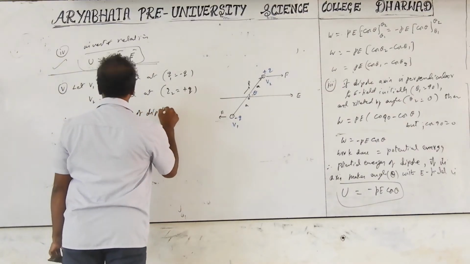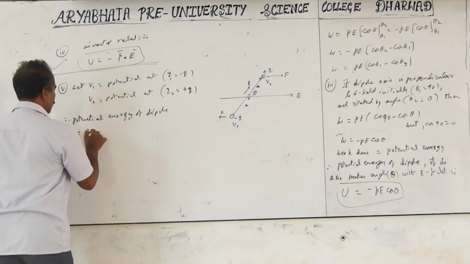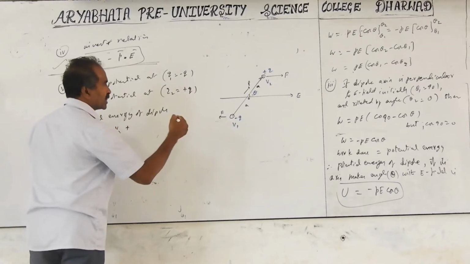Total potential energy is U equals Q1 V1 plus Q2 V2 plus mutual potential energy. What is mutual potential energy?